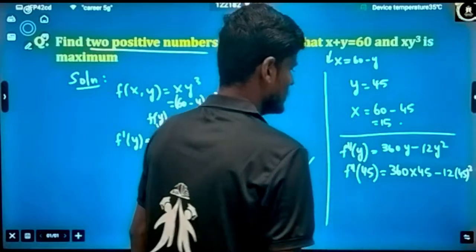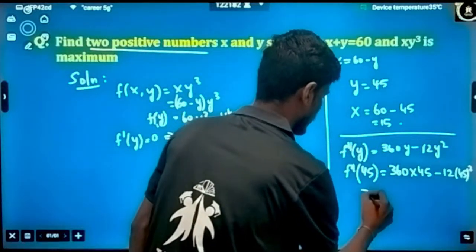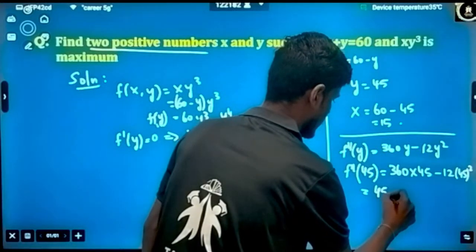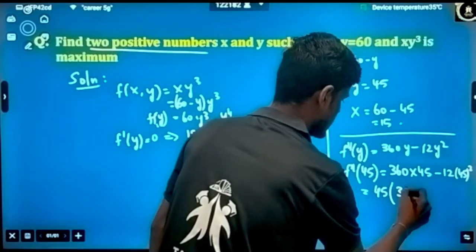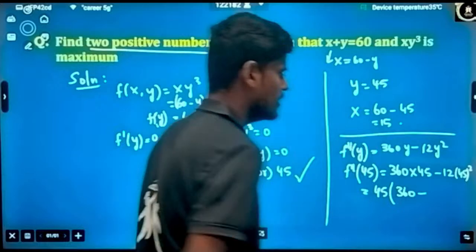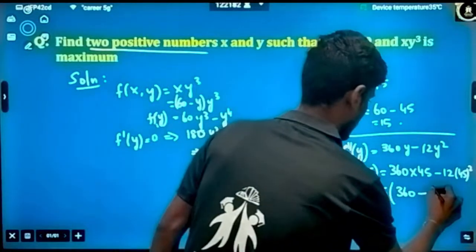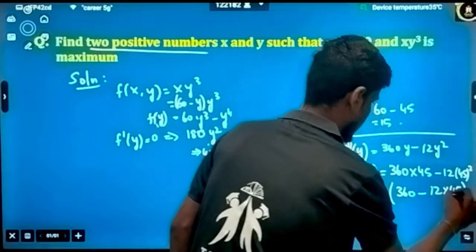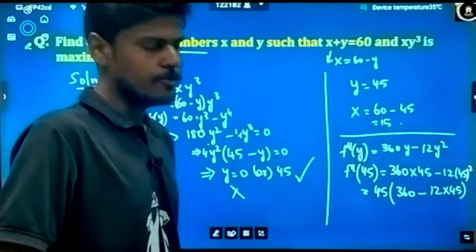Now what is the value of this? 45 is common, we can take 45 outside. Remaining 360 minus 12 into 45. Okay, 10 into 45 is already 450.